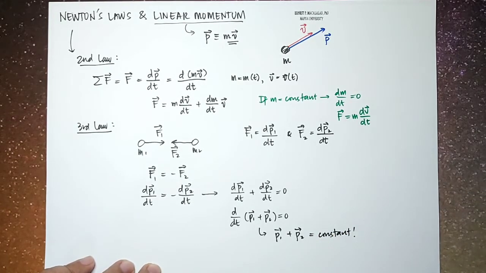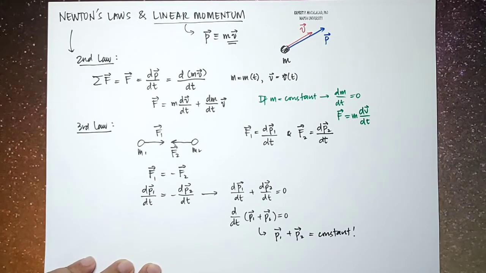So Newton's third law of motion implies that the total linear momentum of two mutually interacting particles is a constant. This constancy is a special case of a more general situation in which the total linear momentum of an isolated system, a system subject to no external net force, is a conserved quantity.